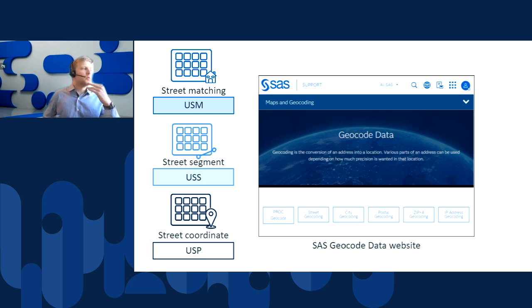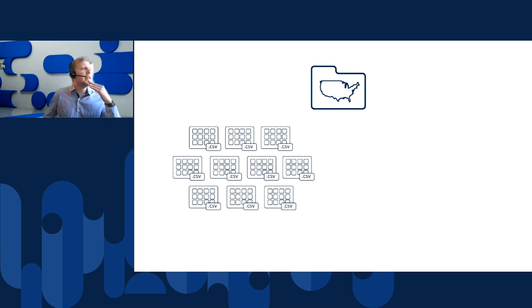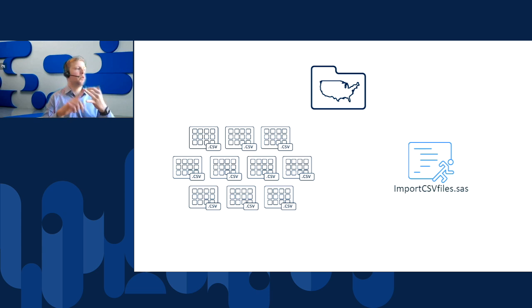And the way this works is that if you go to the SAS support website, you can download a zip file that includes 10 CSV files and then a SAS program called import CSV files.sas. And what this will do is it will take those 10 CSV files, do some processing, and create that USM, USP, and USS geocoding lookup data sets.